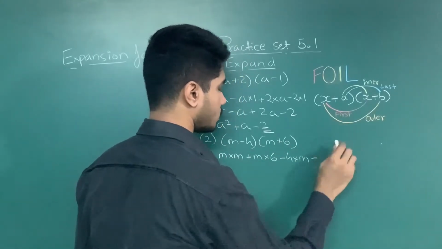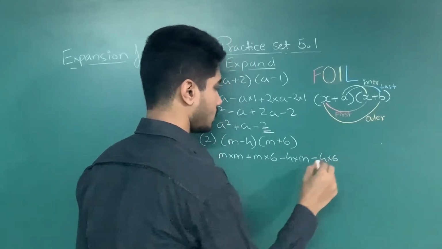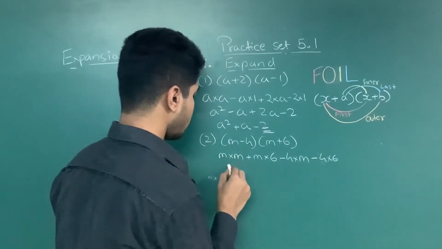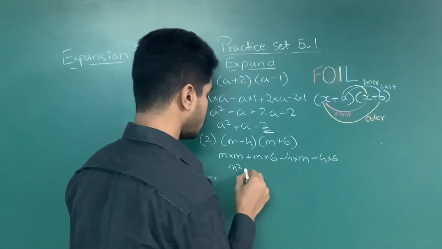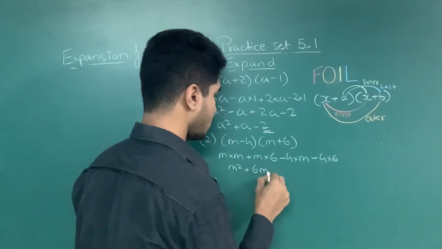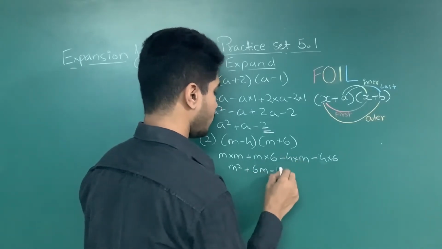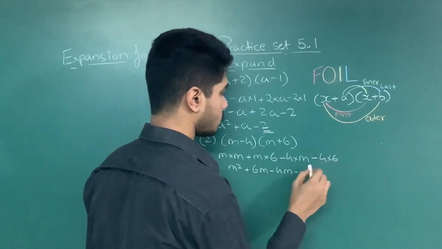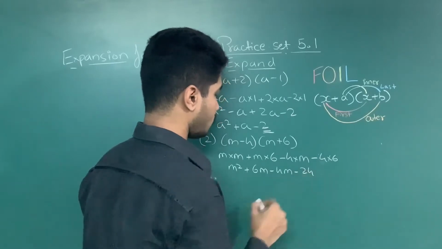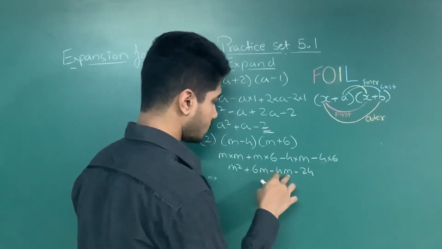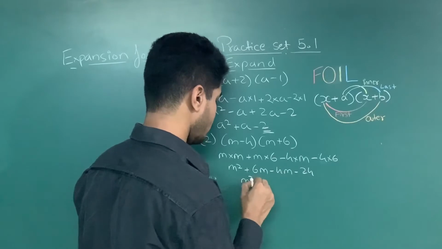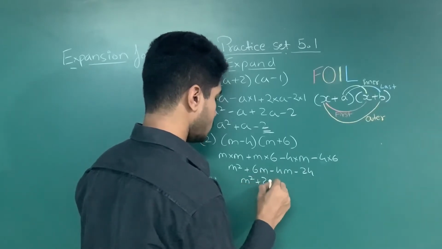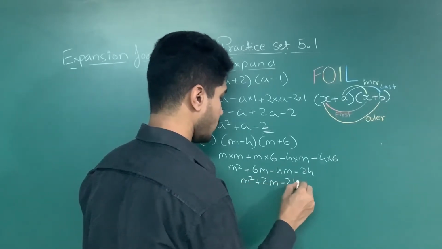So m into m will give me m square, m into 6 will give me 6m, minus 4m, minus 4 into 6 will give me 24. So 6m minus 4m, that will give me m square plus 2m minus 24.